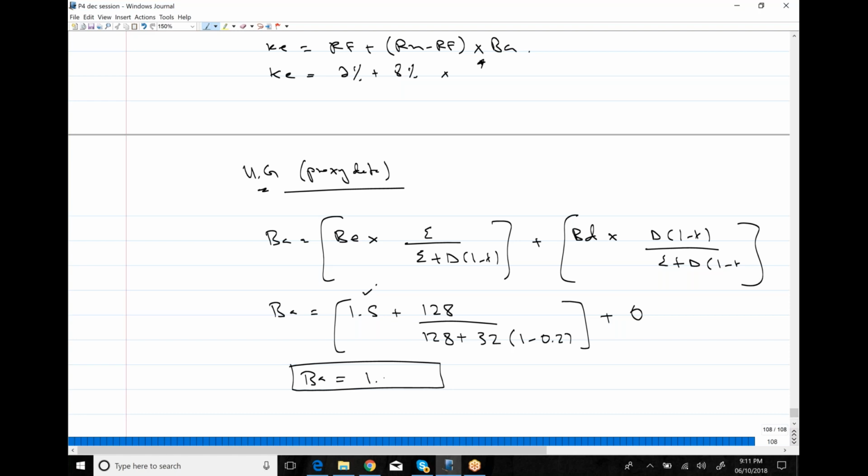This is 1.25, right? So just put this in your KE equation, 1.25.